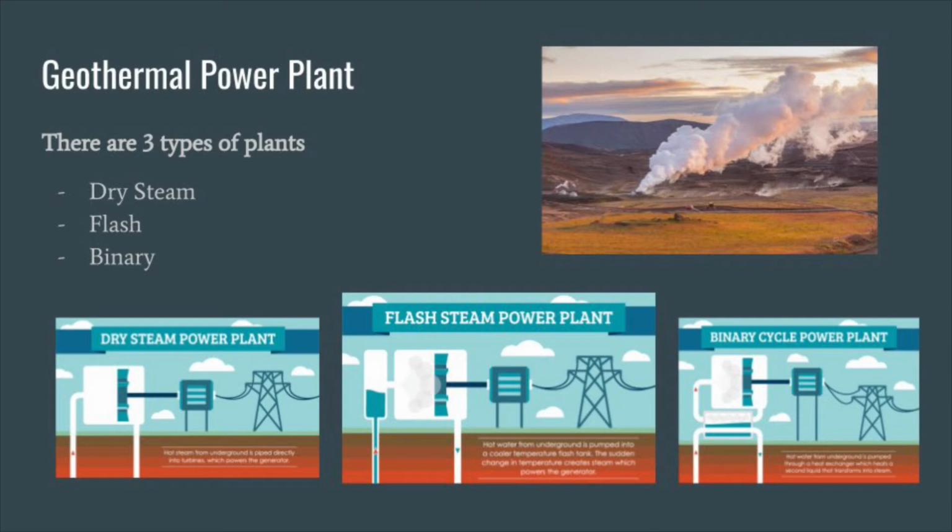Alright, lastly, we're going to be going over the binary cycle power plant. This power plant is similar to the flash steam power plant. However, it has some more interesting mechanisms, such as how it takes hot water from under the earth and pumps it through a heat exchanger that then heats another group of water that is then turned into steam and then recycled back into the system.